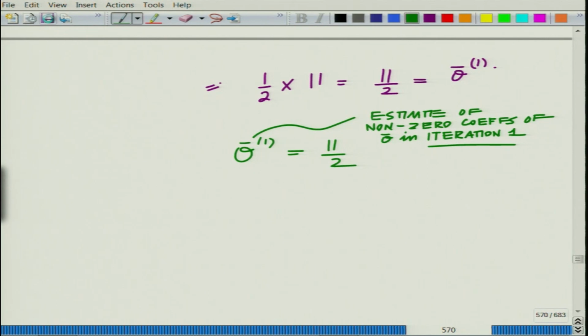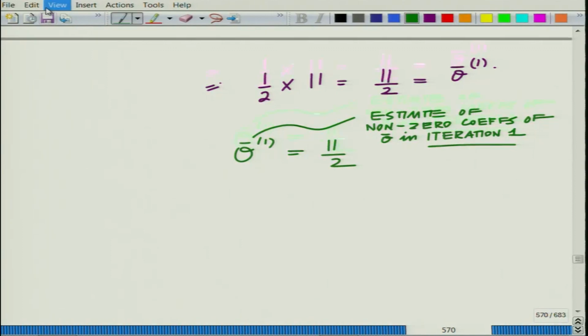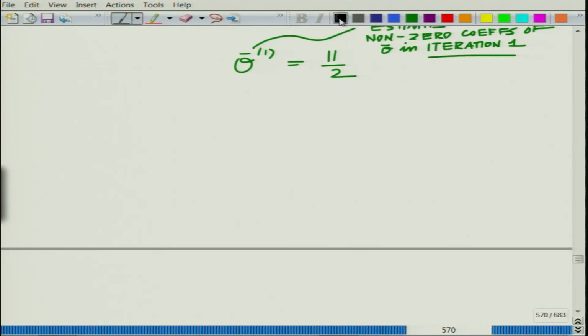This is the estimate of the non-zero coefficients, because remember we are estimating the non-zero coefficients. We are trying to find the matching columns, because remember you have to construct an approximation of y bar with the fewest columns of x, right. So, you are progressively isolating those columns of x which you think are weighted by non-zero values of theta in the linear combination. Okay. Now, that brings us to computing the residue to complete this iteration.